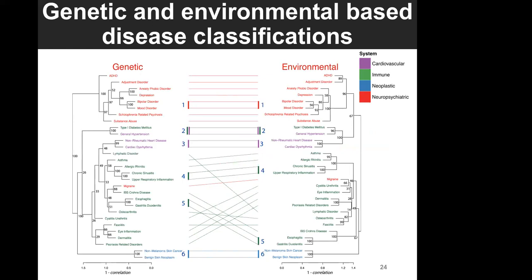First, you can see that we highlighted 6 very stable clusters, meaning these diseases stay together regardless of the factors we are interested in. The first cluster is bipolar and mood disorder, both in genetic and environment. Then, somewhat surprisingly, type 1 diabetes and general hypertension are also closely clustered in both factors.